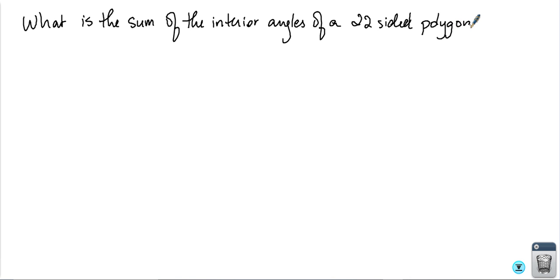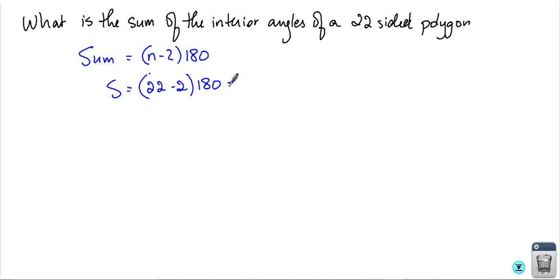We're not going to draw it and divide it into triangles because that's going to be impossible. But we know that the sum is the number of sides less 2 triangles times 180. So the sum of this polygon is going to be 22 minus 2 times 180, which gives 3600 degrees.